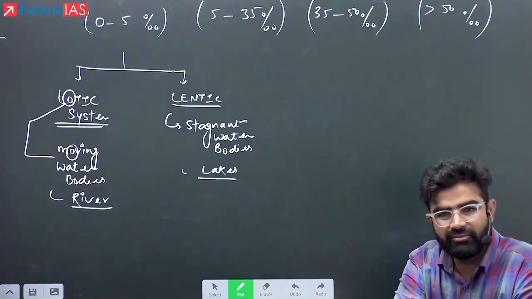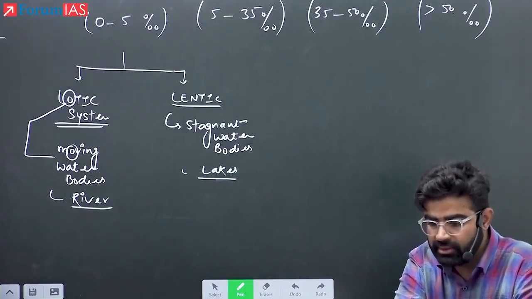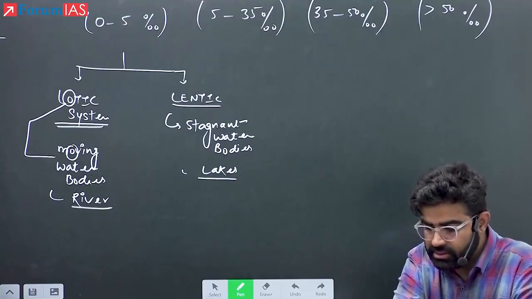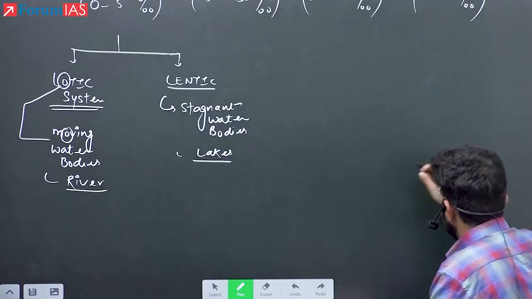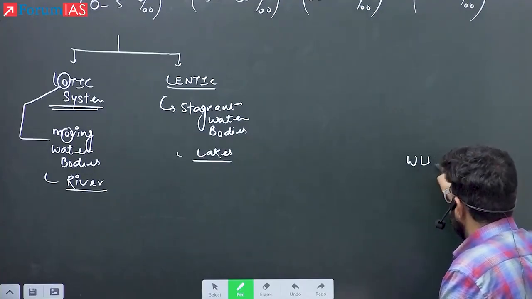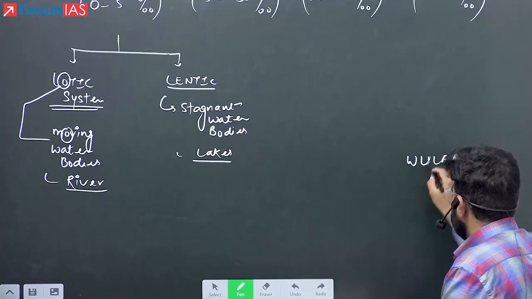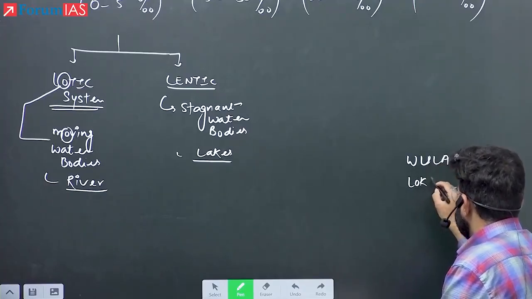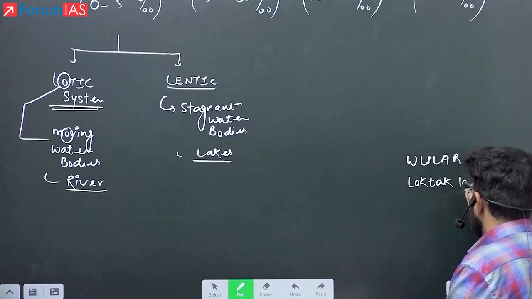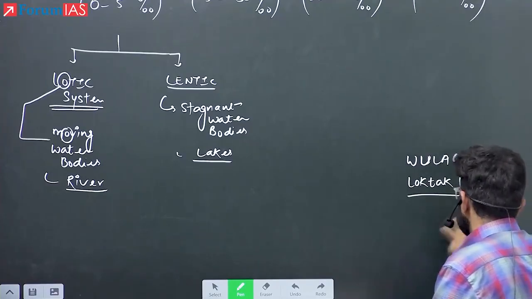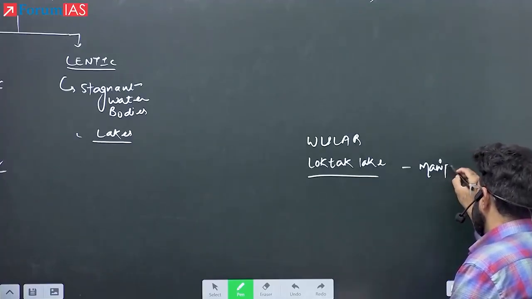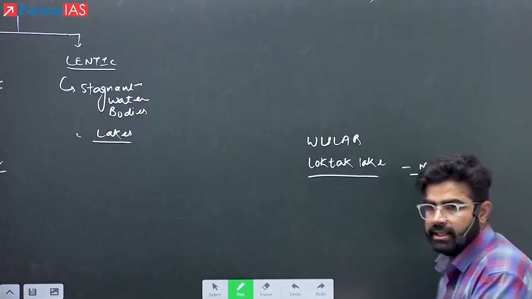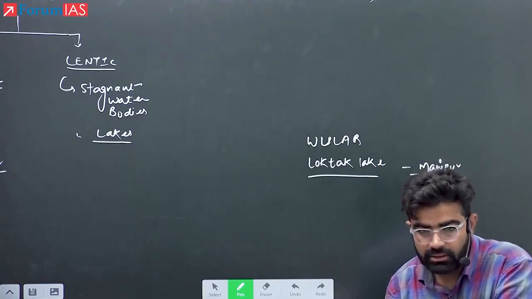All the moving rivers, more or less, are the example of freshwater system. And some of the lakes, write down the example of freshwater lake: Wooler Lake. Where it is situated? Yes, write down Wooler Lake. Second, Loktak Lake. It is Manipur. Freshwater lake of Manipur. Dal.